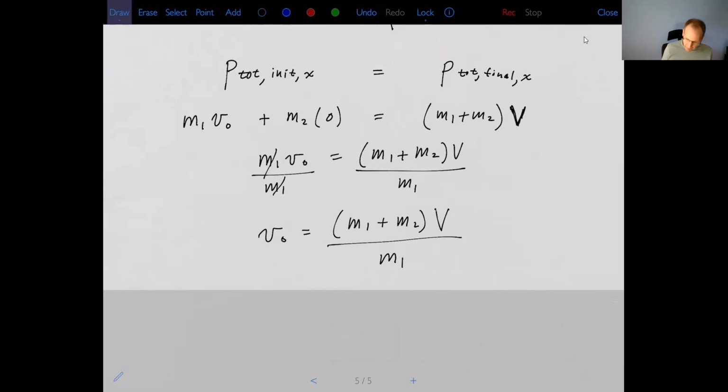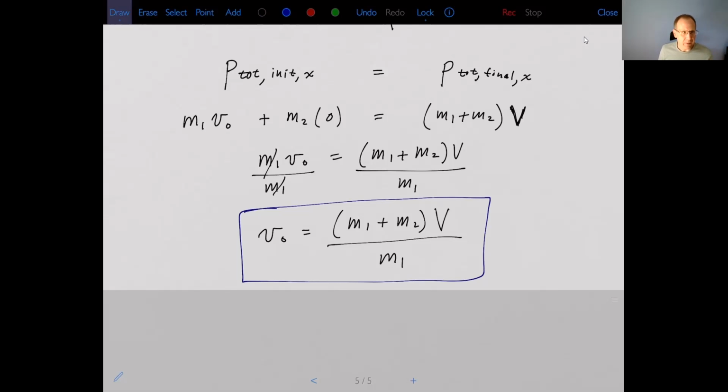Okay, great. So that's my first really important equation. I'll box it. Okay, now I need to figure out capital V. Well, I get that by recognizing that I have conservation of mechanical energy for the second part, when the pendulum actually rises to a peak height.